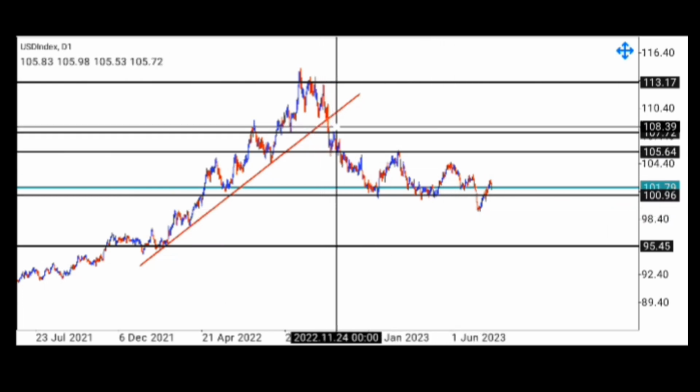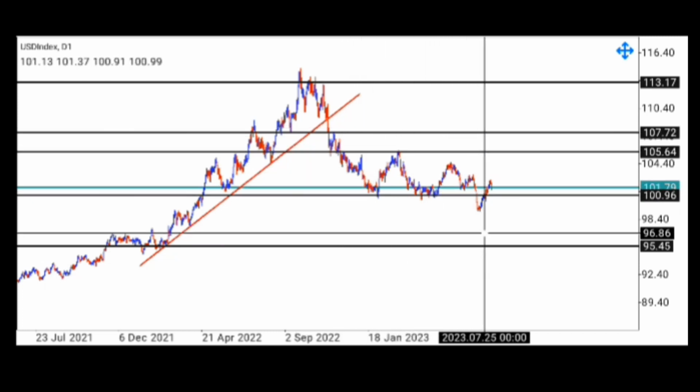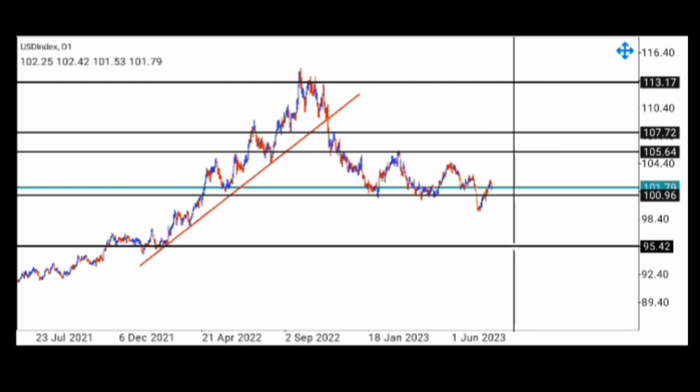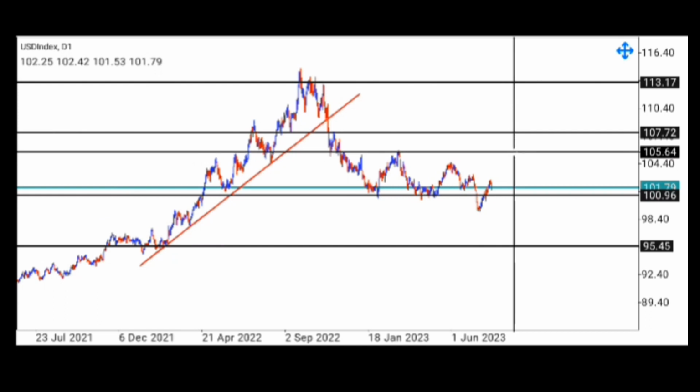Personally, if you know, I trade the 90% rule and I follow it religiously. So I'm expecting this DXY market to potentially keep going up until this point. That's when I'll maybe be changing my bias, or if the market comes and breaks this point before getting there, then I might also change my bias, but not even at that point exactly, because we still have this major resistance level here.